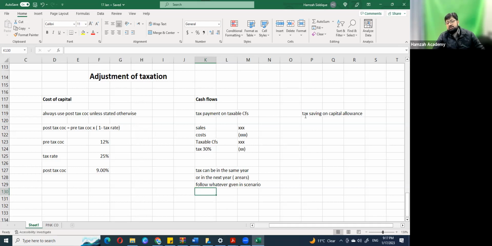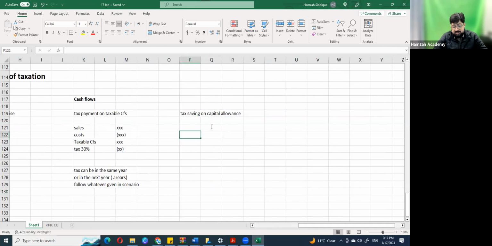Now, tax saving on capital allowance. For example, initial investment in a project, that is 2,000. Scrap value is 200. Life of the project is 4 years.